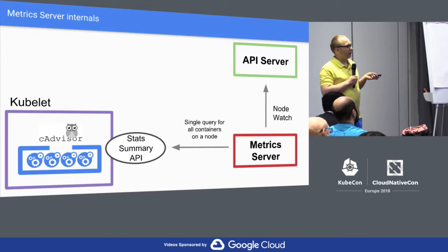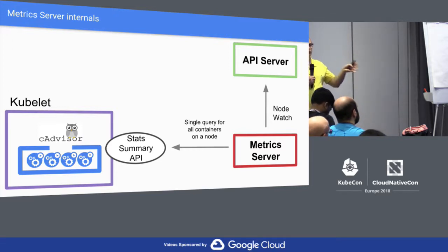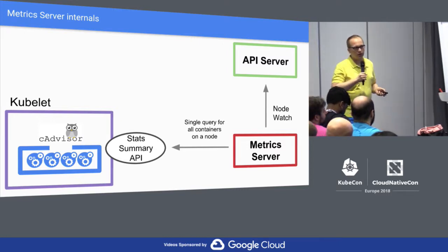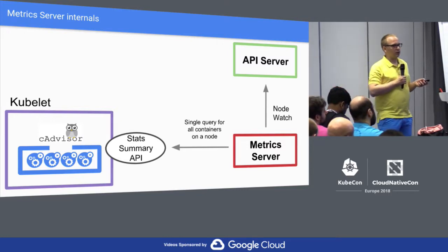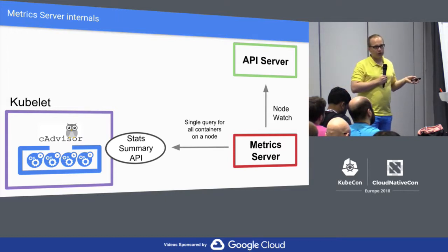There is a single request for all containers running on a particular node. So it's not that we are asking for every single container, but for a batch of metrics about the containers running on a particular node. This is due to performance reasons. And thanks to this, metric server scales pretty well.